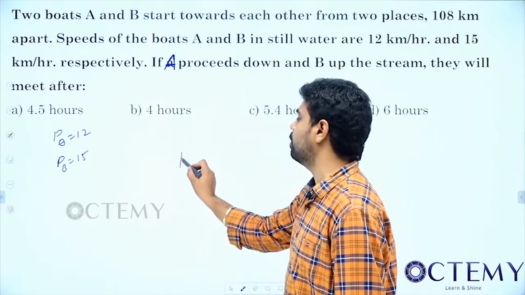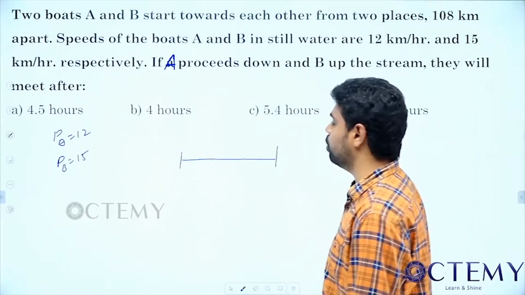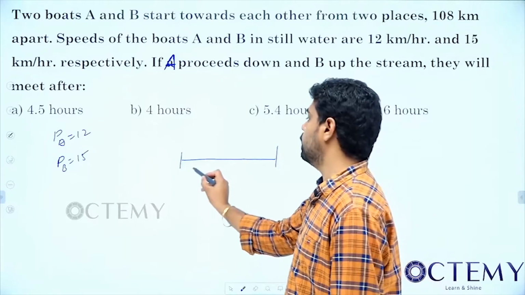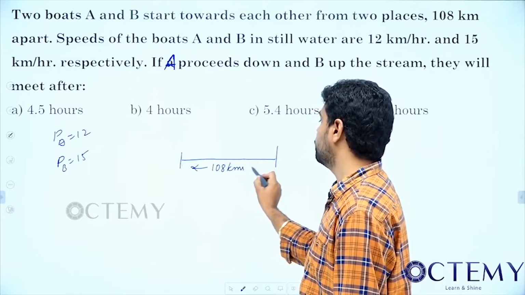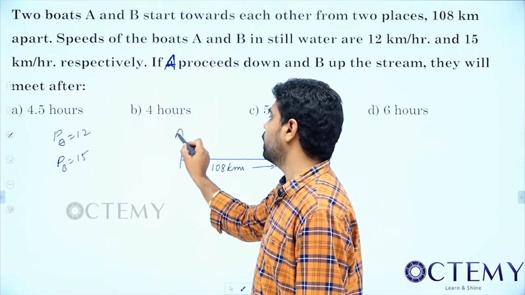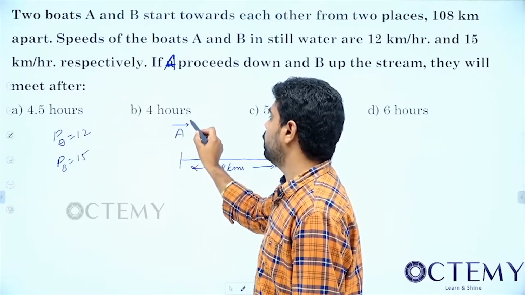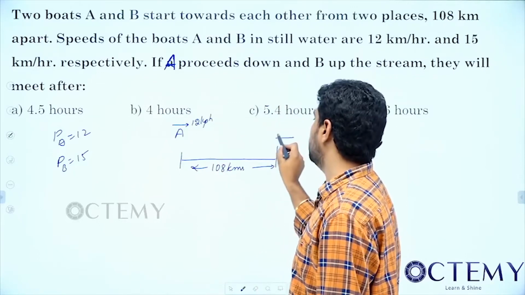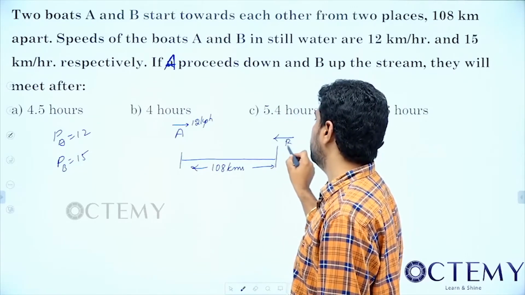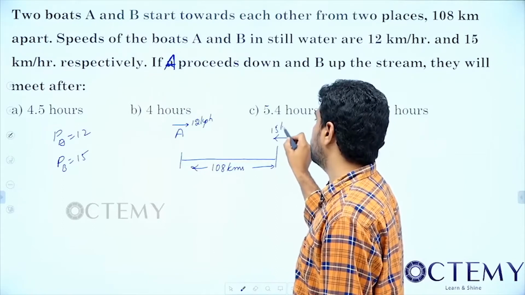See the meaning of this question. This is very simple, but I want to give you an explanation. The distance is 108 kilometers. A is coming like this, speed of A is 12 kilometers per hour. Now B is coming like this, speed of B is 15 kilometers per hour.